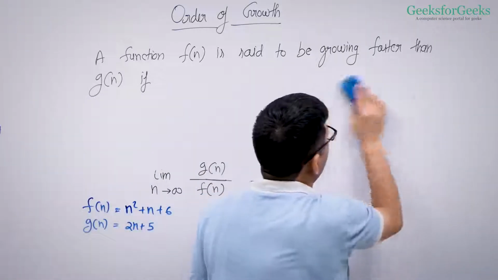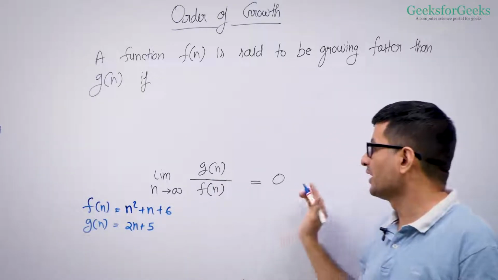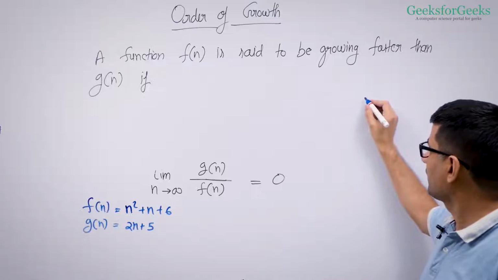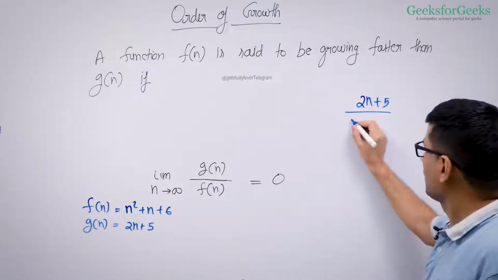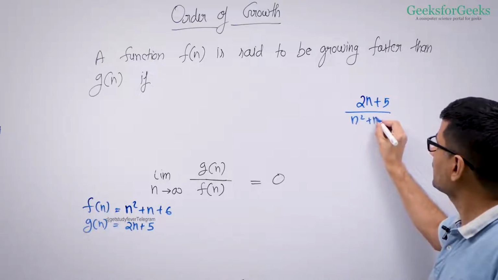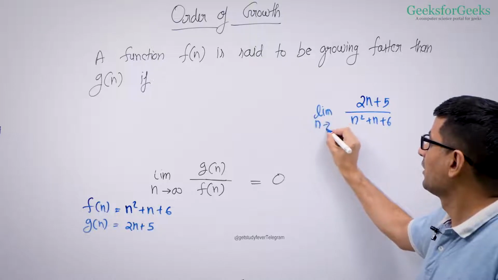So let's compute the value of this expression, g(n) divided by f(n), when n tends to infinity. So we have 2n plus 5 divided by n square plus n plus 6, and we are talking about the limit n tends to infinity.